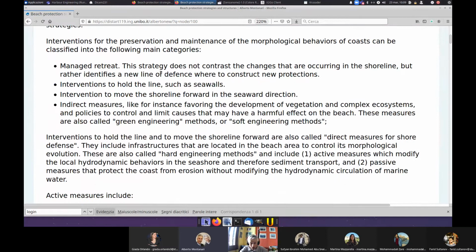If you talk about interventions and structures for the preservation and maintenance of the morphological behaviors of coasts, even after the impact of human interventions, like, for instance, harbors, these protection structures can be classified into the main categories that you see on the screen.